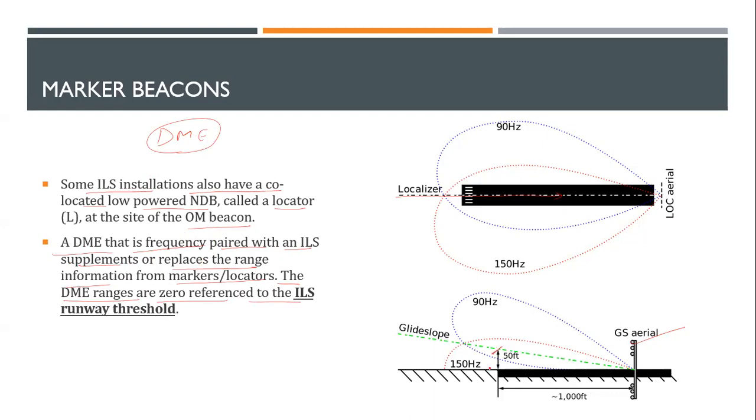If you see this part where the runway starts, that is my threshold. The ILS DME is made sure to indicate zero nautical miles at this reference. Here you will see this 0 nautical mile.